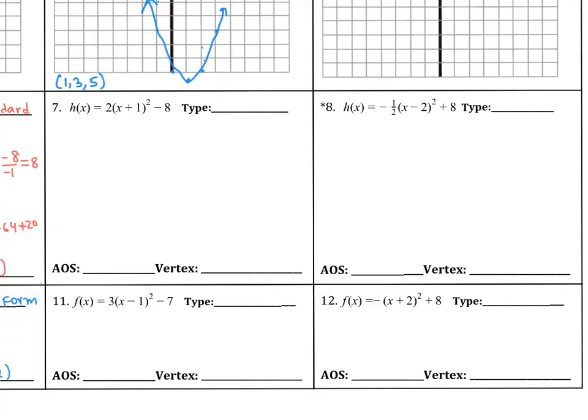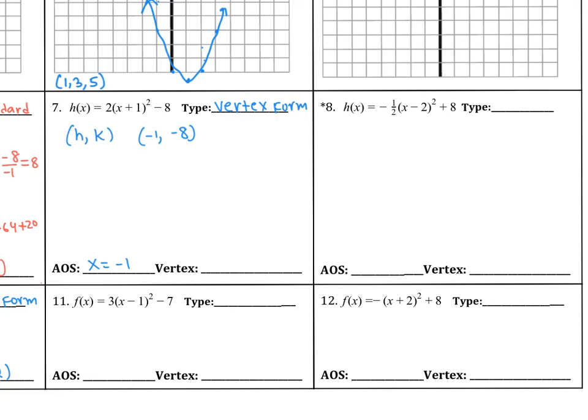Number 7 is going to be a vertex form, and we are going to find h comma k. Remember, use opposite sign for h, so it's going to be -1 comma -8. So axis of symmetry is very simple, -1.